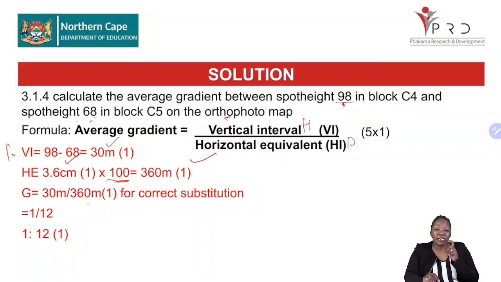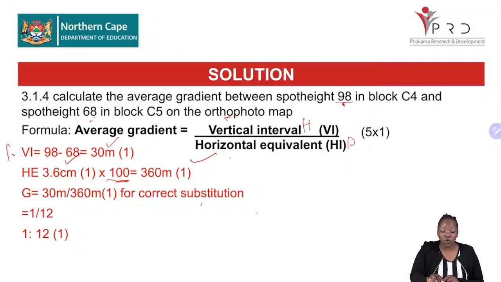By writing this fraction in a correct way, you're going to get a mark. So we call it a correct substitution. It means you're not going to start by saying 360 over 30, because now you are confusing the formula, because the formula is VI, for vertical interval, over horizontal equivalent. So you will have the mark for the correct substitution.